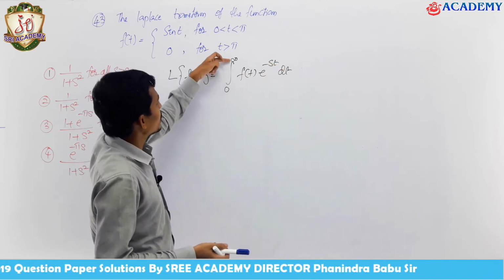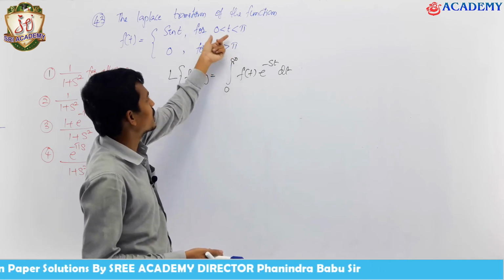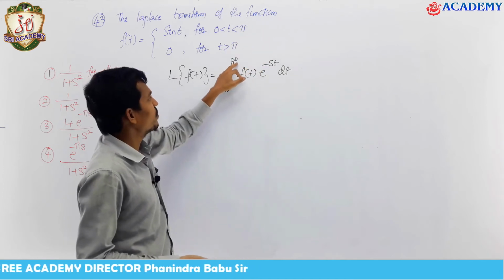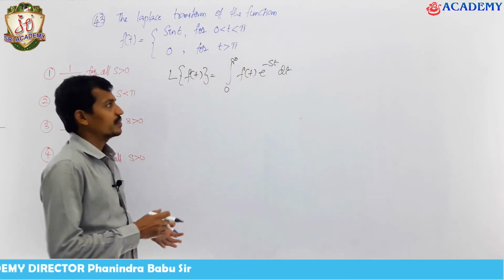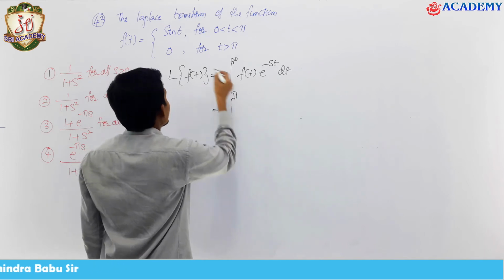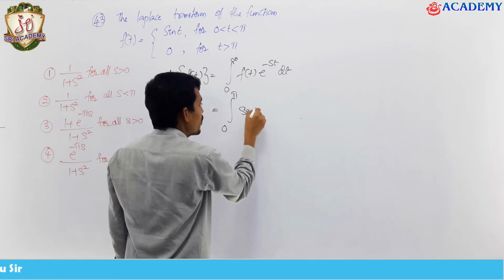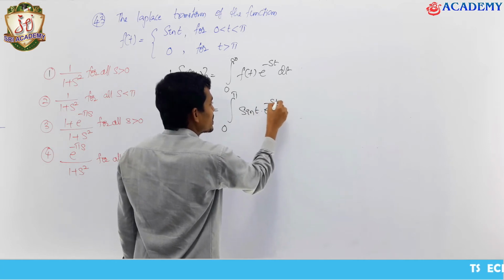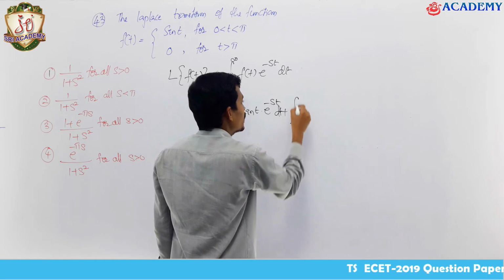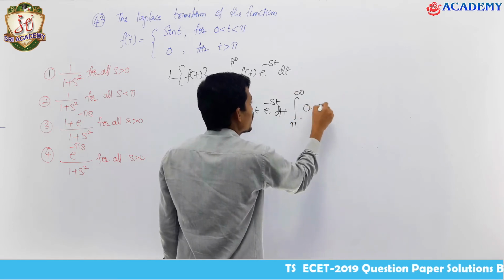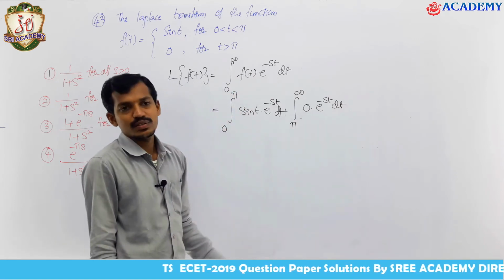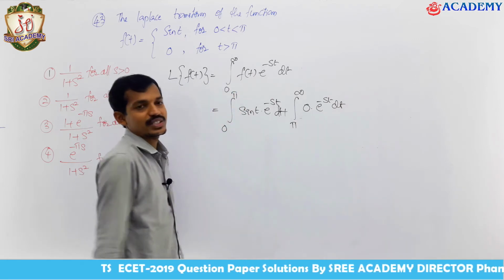It is 0 to infinity, but 0 to pi is this one, and after pi up to infinity it is 0. So using this, from 0 to pi, f is sin t into e power minus st dt, plus the integral from pi to infinity of 0 into e power minus st dt. 0 into something is 0 only, so we find the answer for the first one.